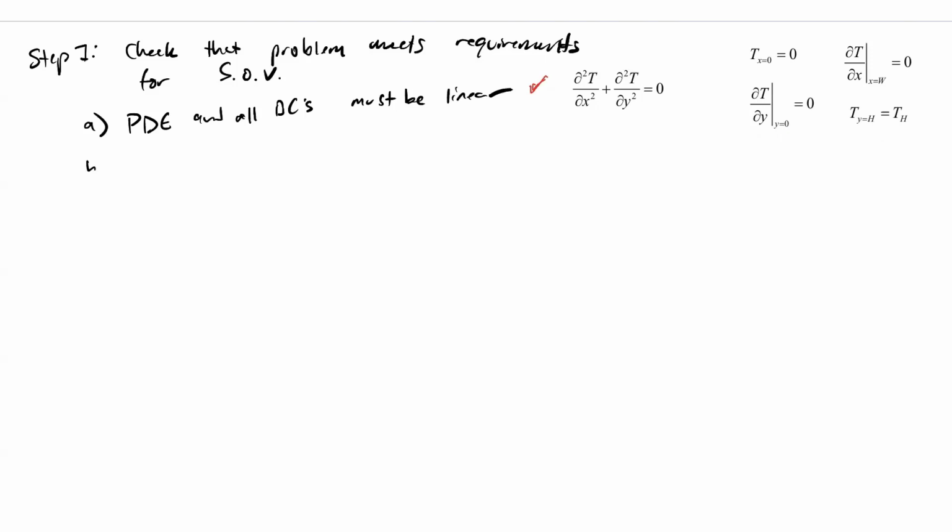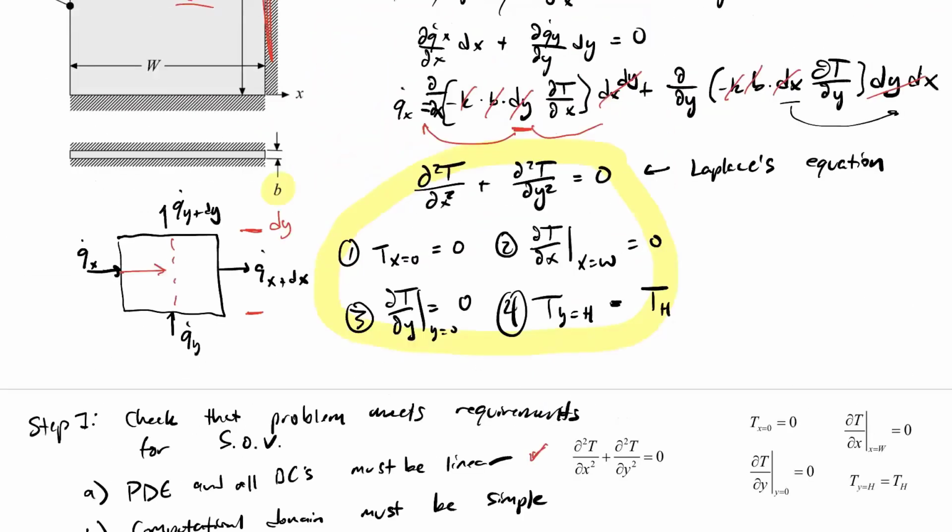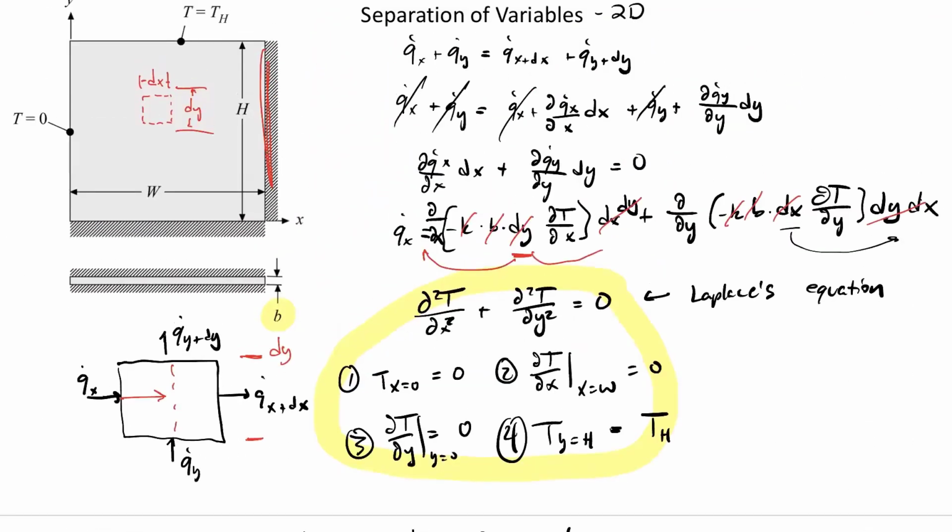Okay, second is the computational domain. Computational domain must be simple. What does that mean? Let's just scroll back up here real quick. So the computational domain in this has what?